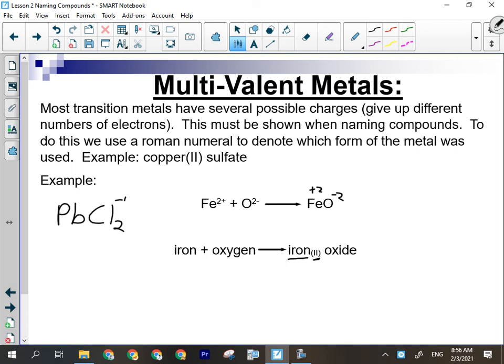How many chlorines are there? There's 2, so that gives me a total of how many negative charges here? 2. So I've got 2 negative charges here. If this compound's going to have a net charge of 0, the charge on lead must be +2. Now I would write lead 2 chloride.